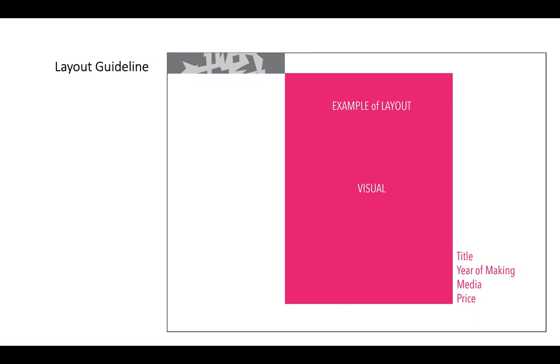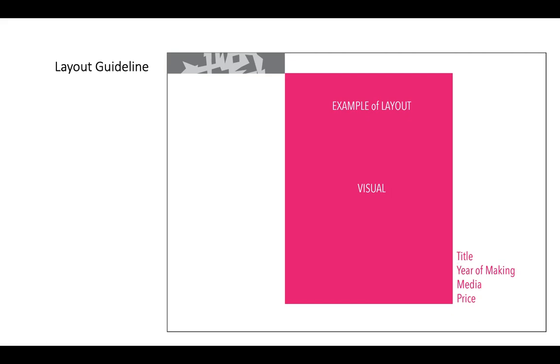Okay, normally you will emphasize more on the visual. So imagine this pink area is the visual of your artwork. On the right hand side here, you have to put some description related to the artwork.